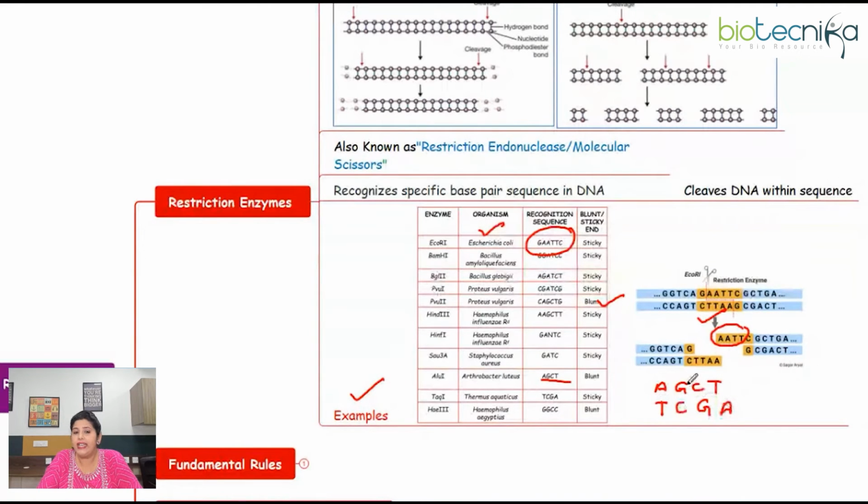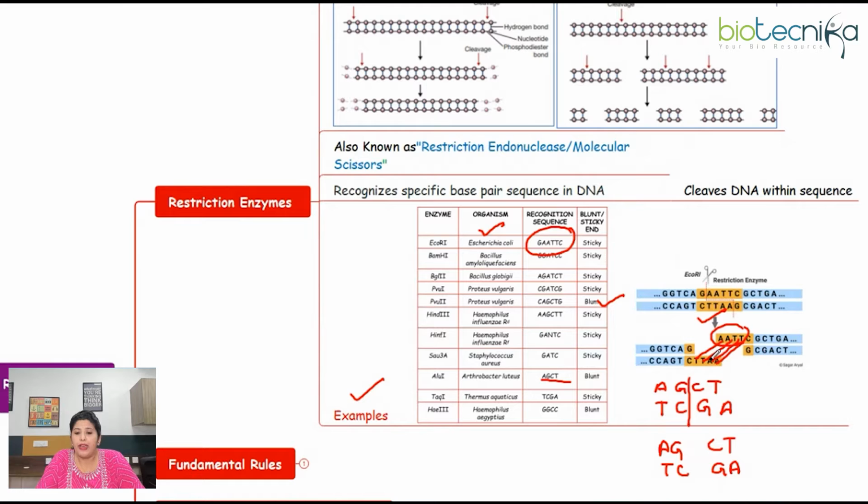When the DNA is cut at the same place in the middle of the recognition site, the ends generated are blunt ends, unlike the sticky ends which have the overhang region, which you can see here. They can stick back by transient base pairing. Sticky ends can also be called cohesive ends.